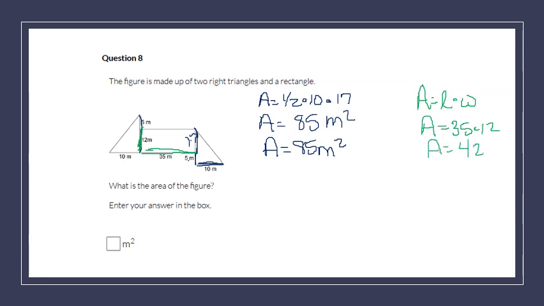So the area is equal to 420 meters squared. Okay, for that rectangle. Now all we have to do is take 85 and add 420 to it. And I do get that my area is 505 meters squared.